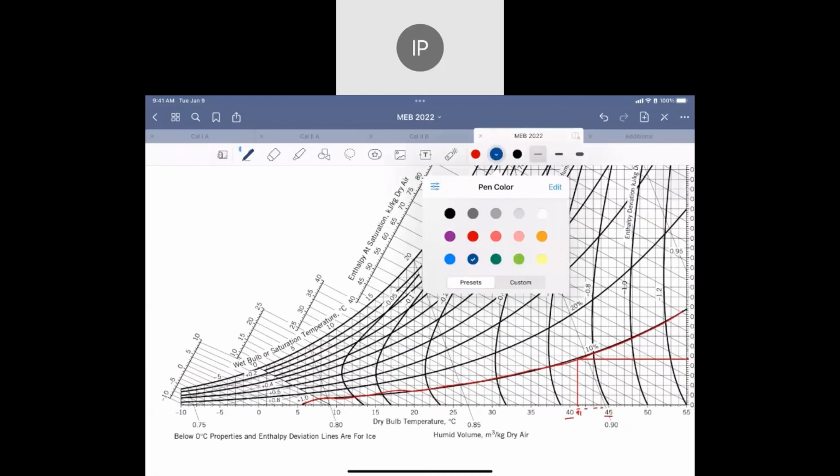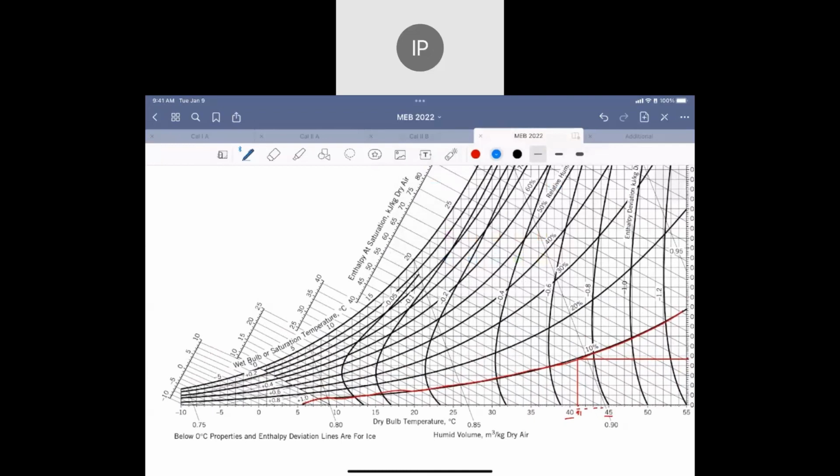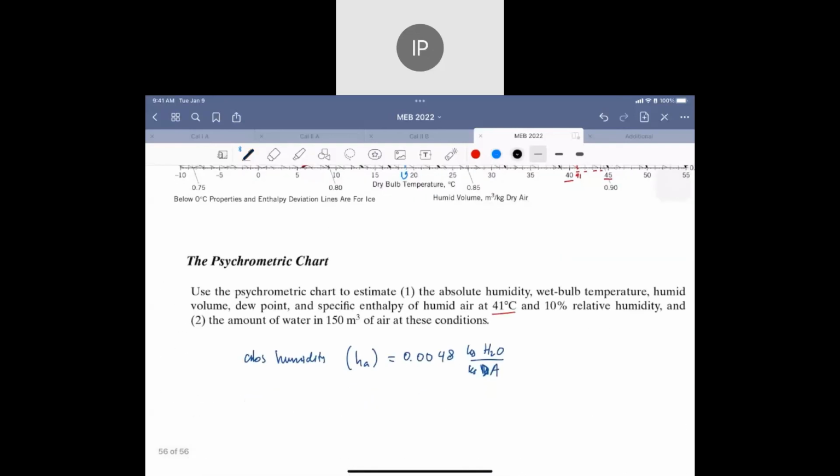So we could take a line from here through here, the blue line, and it goes down to the saturation curve, and we get around 19. This 19 is the wet bulb temperature. Okay, I hope you can follow these steps. So the wet bulb temperature is 19 degrees Celsius.